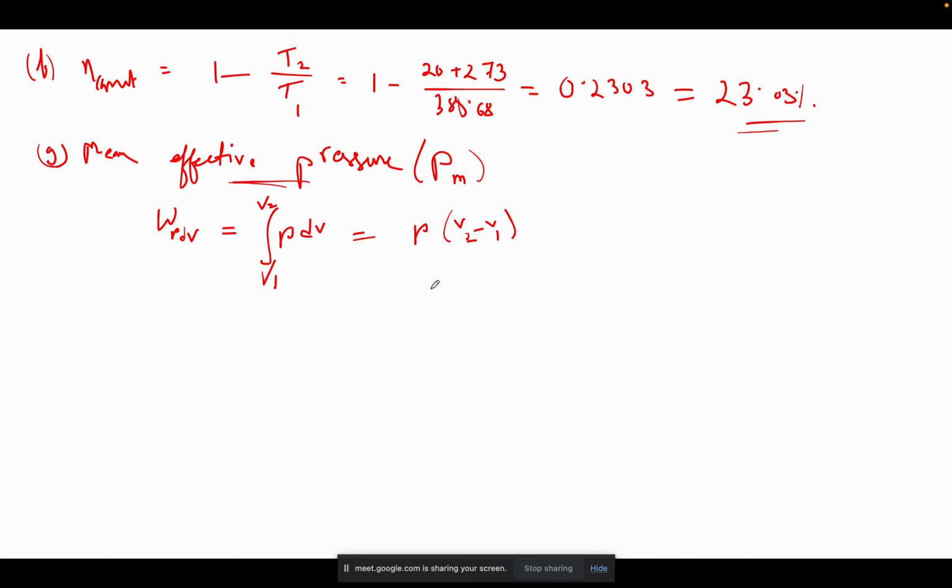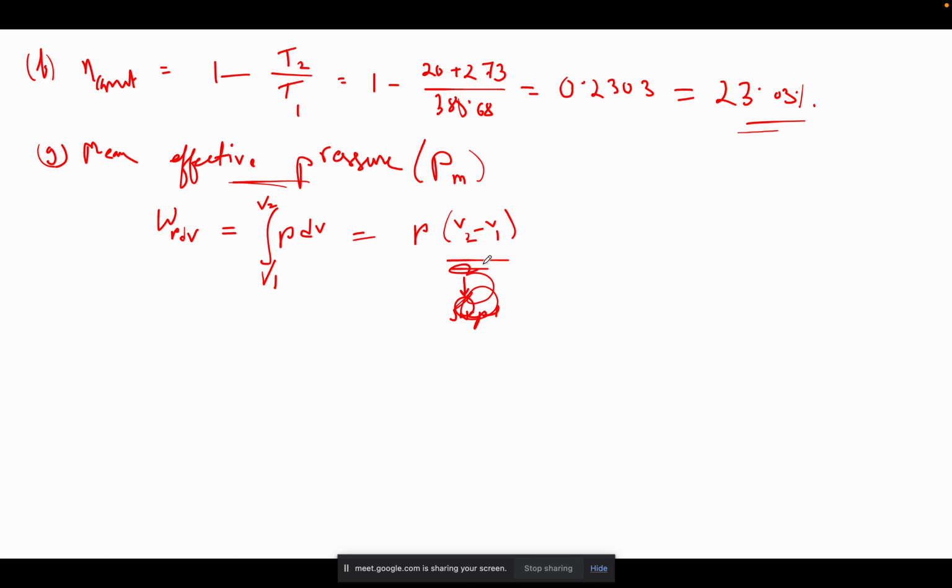Now suppose there is some effective expansion. See, in the Carnot cycle, there are two compression processes and two expansion processes. So there is a net effective expansion volume, which we call the swept volume.